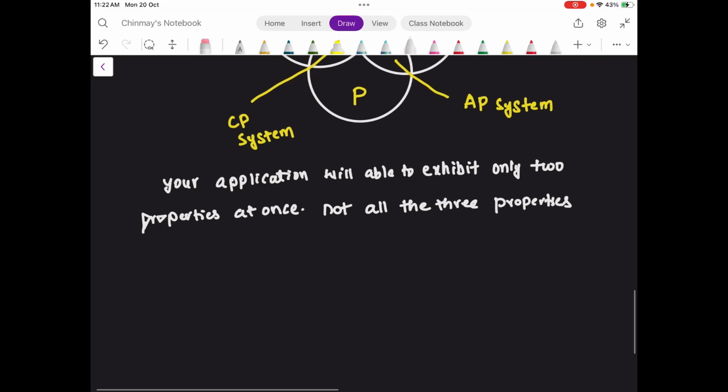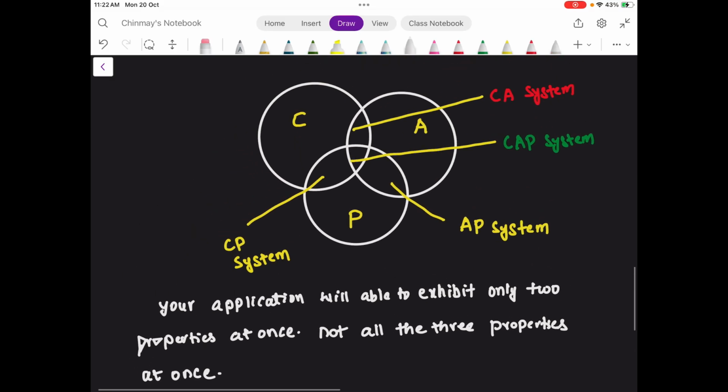Every application will be either a CA system, a CP system, or an AP system, but not a CAP system.